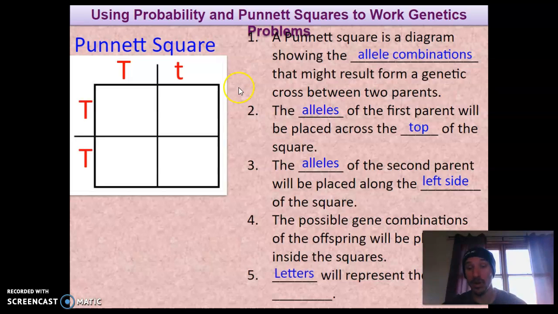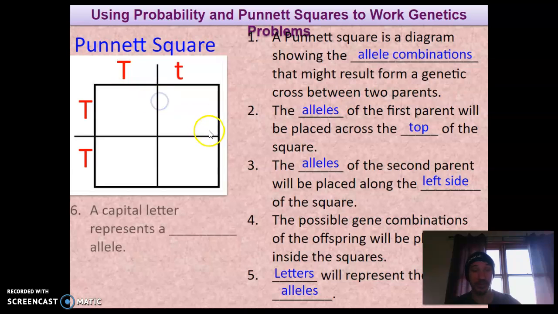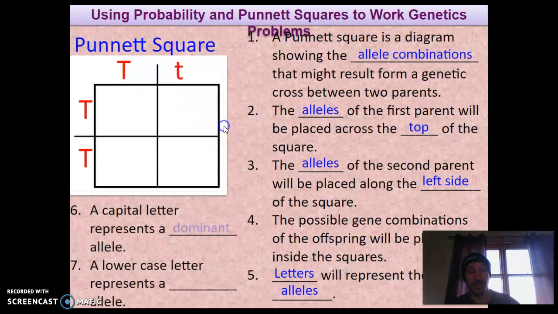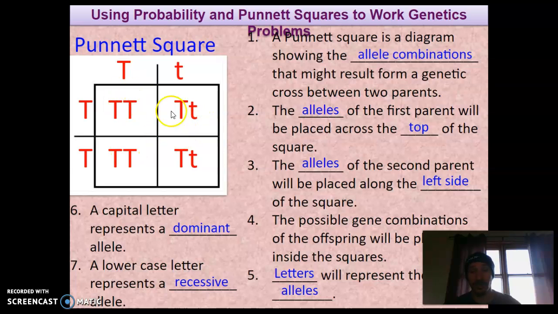And then all the possible allele combinations we represent with letters in the middle. Capital represents dominant, lowercase represents recessive, and then we combine them. And we see that there's a 50-50 distribution here, right? So we have a 1/2 chance of getting a homozygous dominant offspring, or a 1/2 chance of getting a heterozygote offspring.